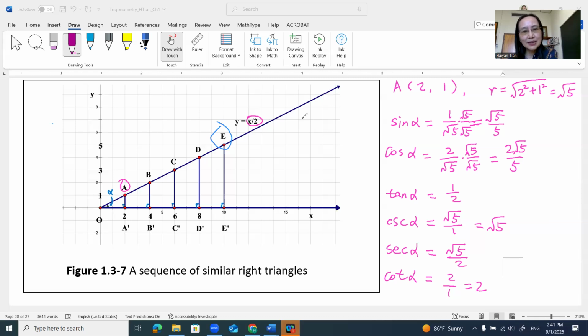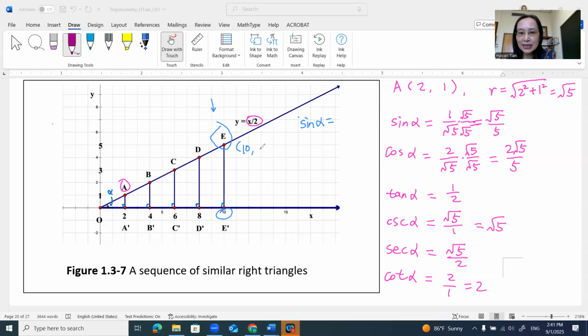So let's compare. If I use a different terminal point, a different point on the terminal side of alpha. So that is still alpha. I want to find sine alpha using E. But let's say E here, x coordinate of E is 10.